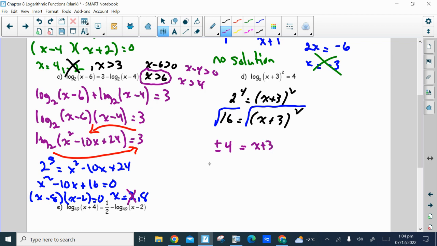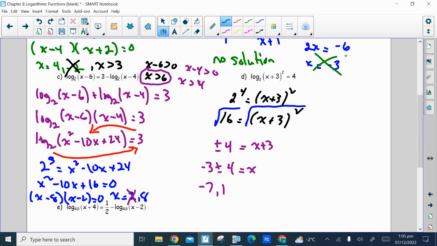And then when you subtract the 3 from both sides, it becomes negative 3 plus and minus 4 equaling x, which gives us negative 7 and positive 1 as our two answers.